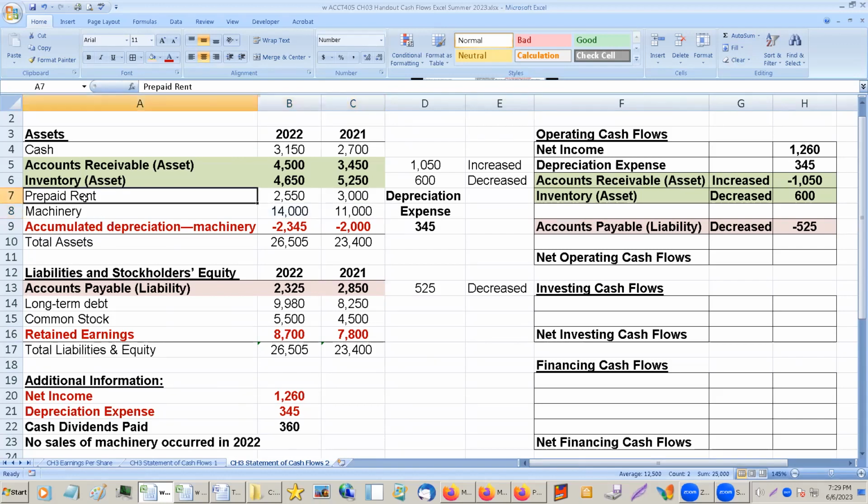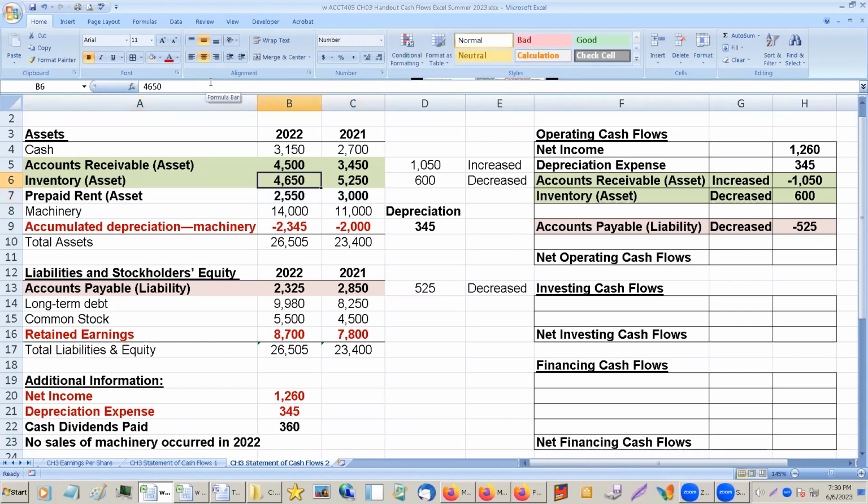Oh, I missed one. Hold on a second. I'm not done here. Prepaid rent is an asset. I missed that. Sneak that one in.